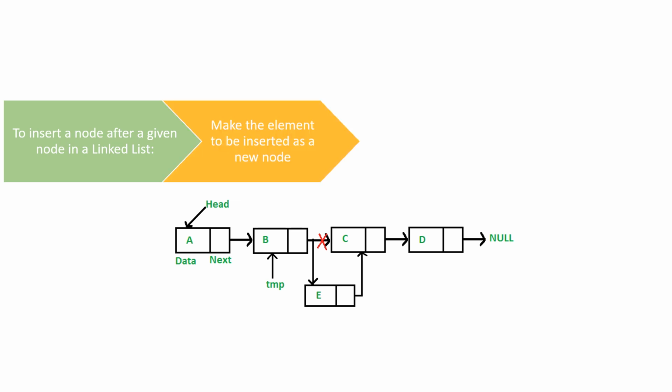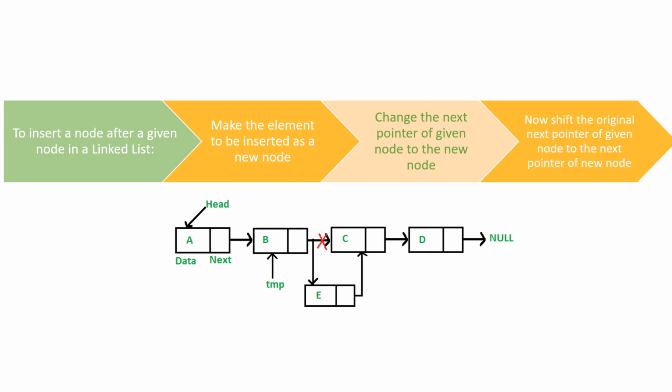That is, we insert E after the node B, make the element to be inserted the new node, and change the next pointer of the given node to the new node. Now shift the original next pointer of the given node, that is the node B, to point to the new node. So this is how we can insert a node after a given node in the linked list.